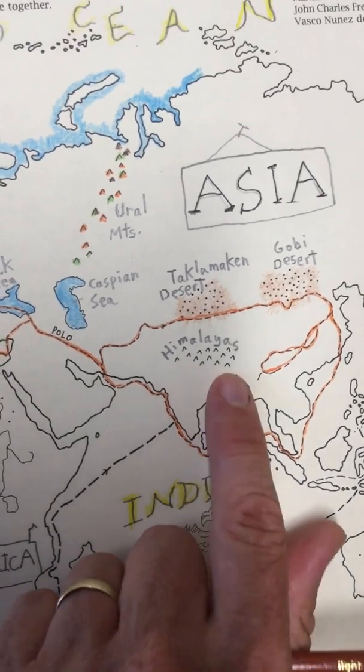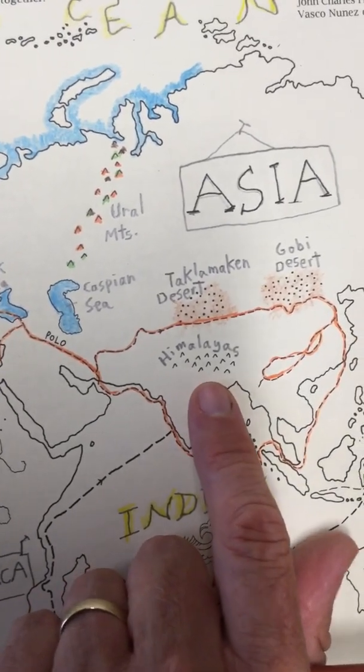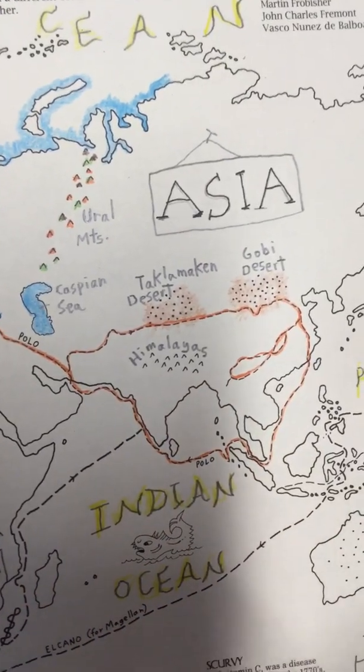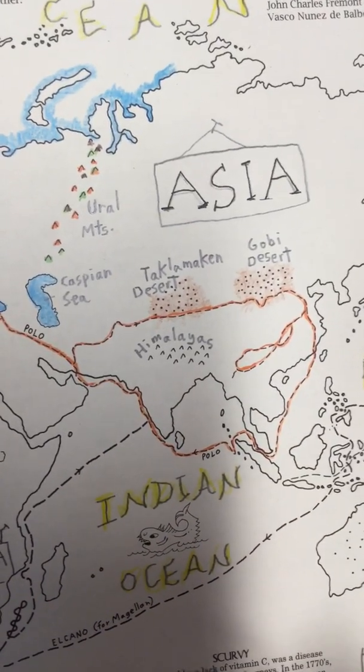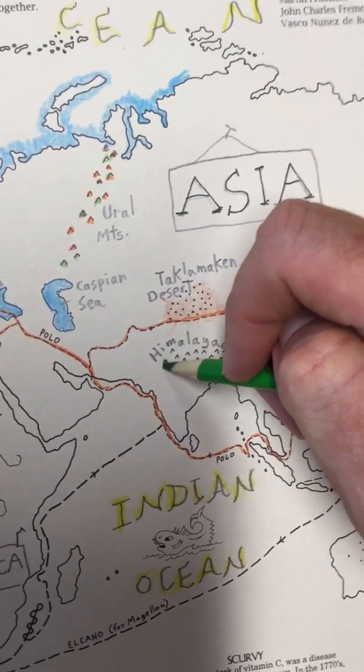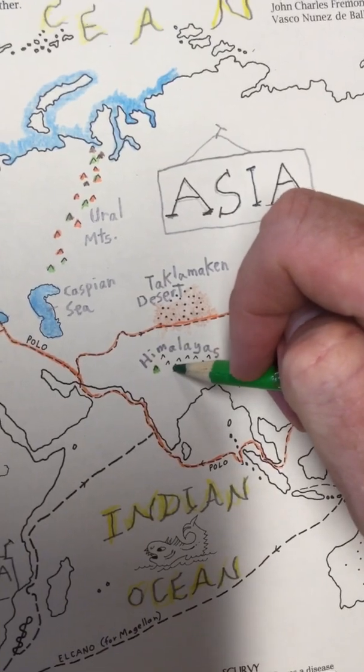Those are some of the tallest mountains in the world. I believe Mount Everest is located in that range. So let's add a little color to those. Lots of people try to climb those mountains.